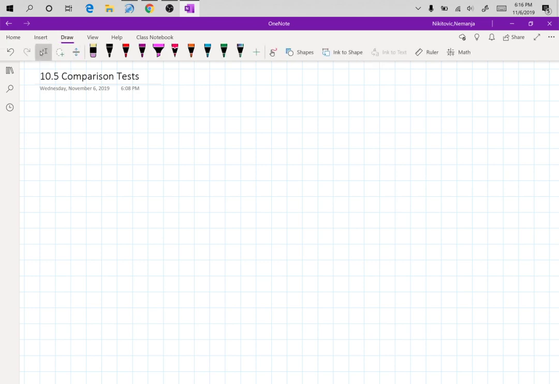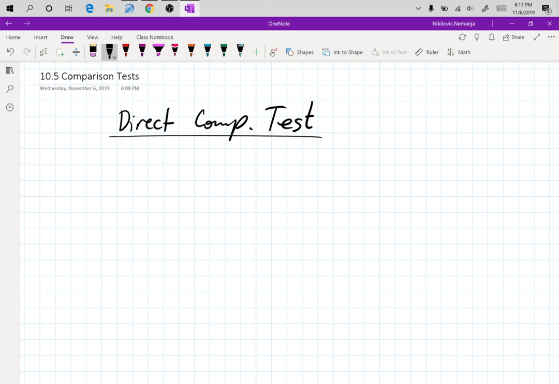So we are going to start with what we call direct comparison test. And this is the one, as I said, that is not used a lot. And it goes like this.